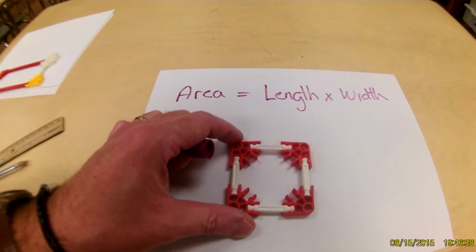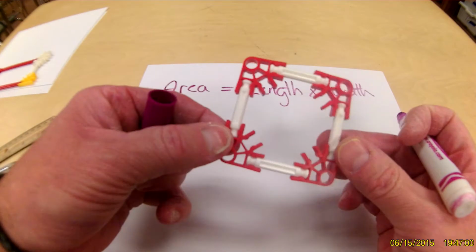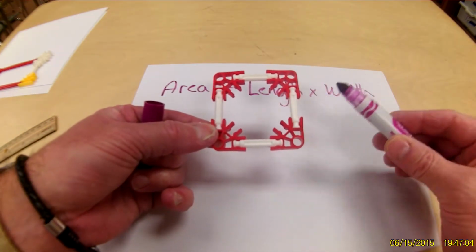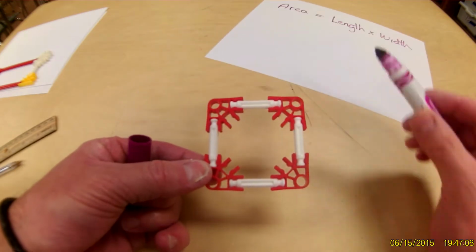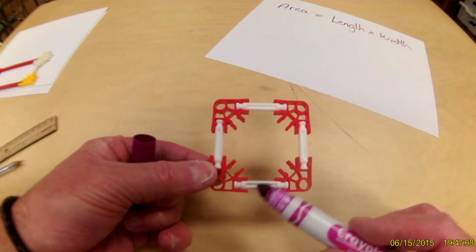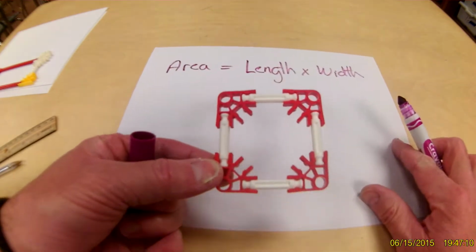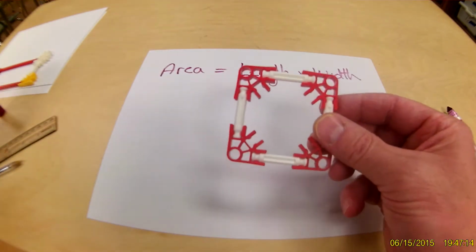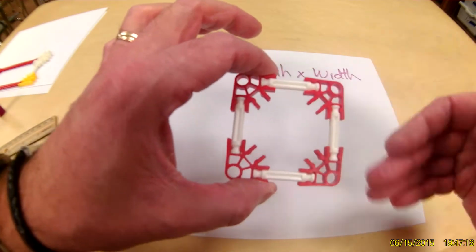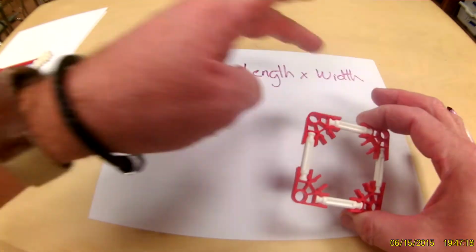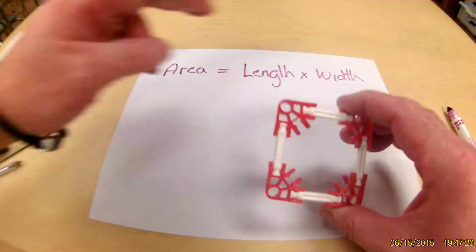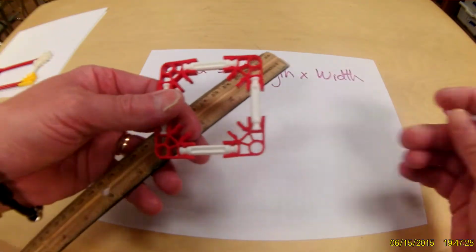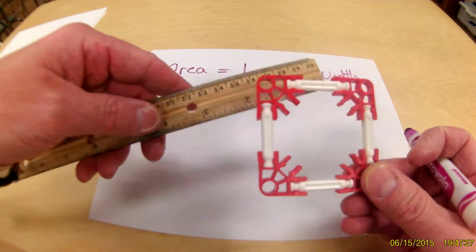So if I wanted to find out the area of this square, a couple things that I could first stop and think about is that this square has all congruent sides, all equal sides. So in this case, all I'd have to do is really measure one side of this, and then I could make that measurement my length and my width. Now, we're going to measure in centimeters, which means I'm looking for square centimeters.